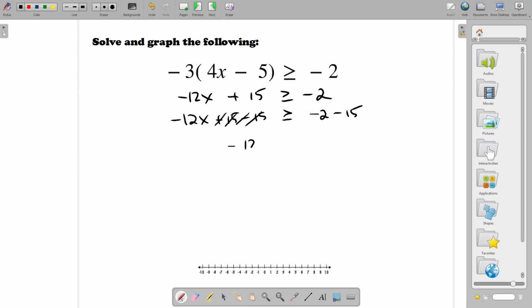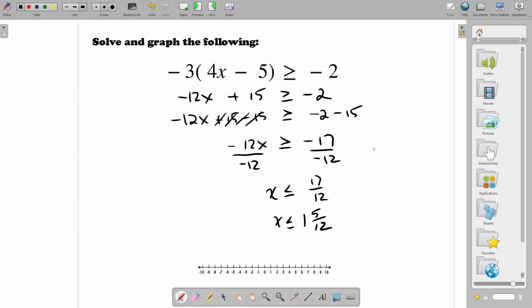I get -12x. -2 and -15 is -17. Then we need to divide by -12. And because I'm dividing by a negative, this inequality has to flip over. And we get +17/12, which is also 1 5/12.